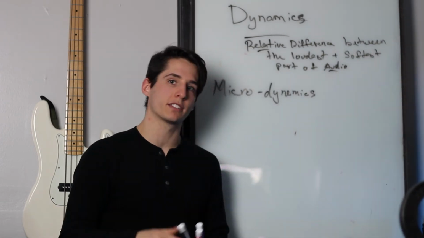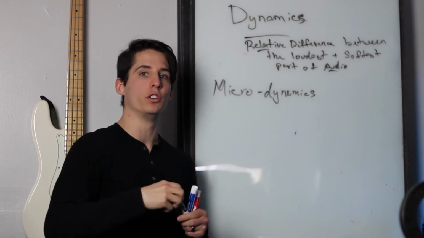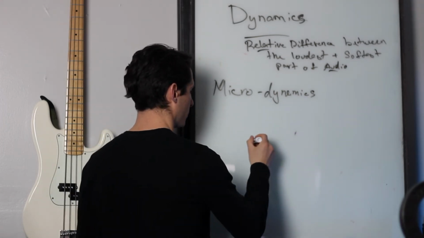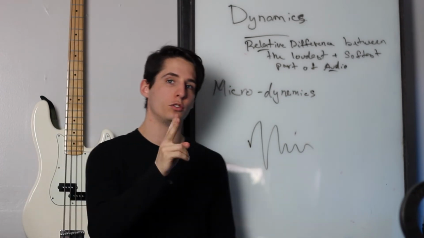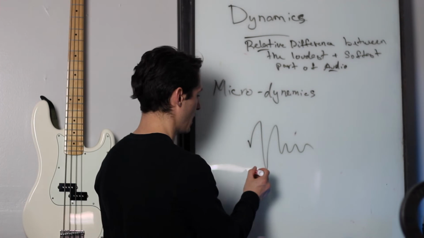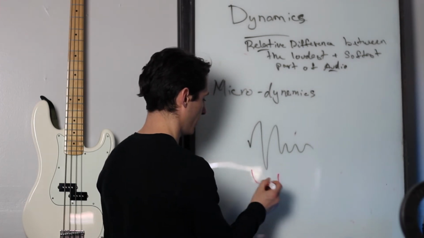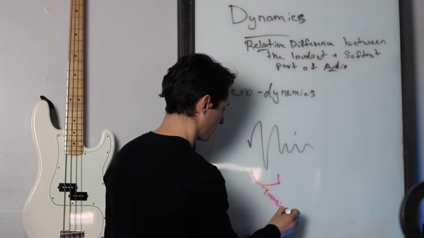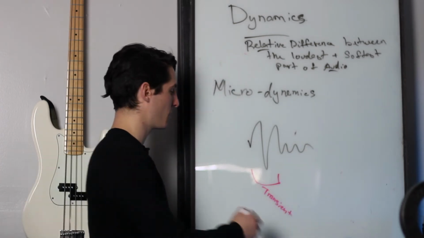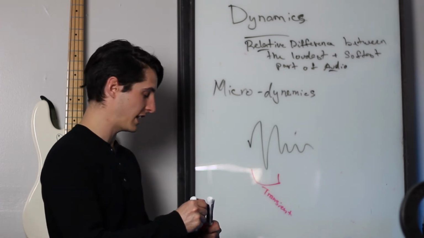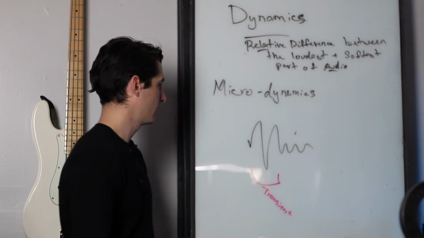Microdynamics is impacting a single note. So we have a sound wave here. There are two main parts of a note, right? We have this part here, which is the louder part, and that is known as the transient. You'll hear this term a lot, and if you don't know what it is, it's the loudest part of the note, always at the front.